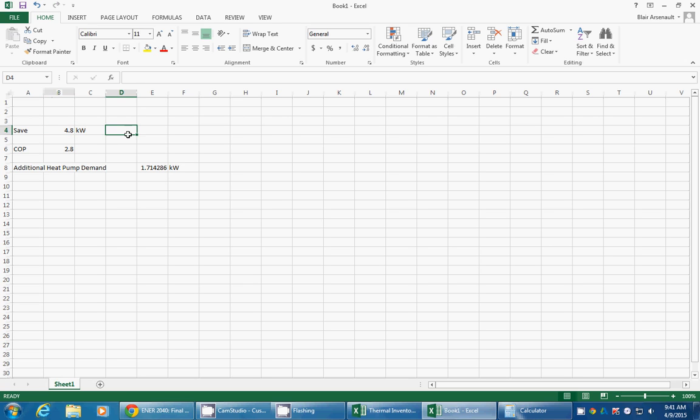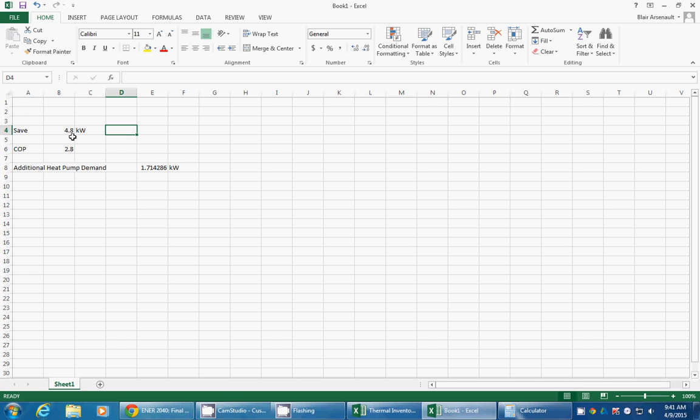If our heat pump did not run all the time, because it turns on, turns off, turns on, turns off. If it doesn't run at 4.8 kilowatts all the time, is it going to have to be bigger or smaller than 4.8 kilowatts? It's going to have to be bigger.